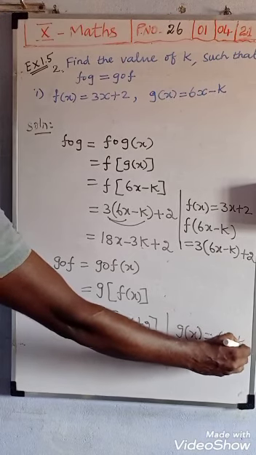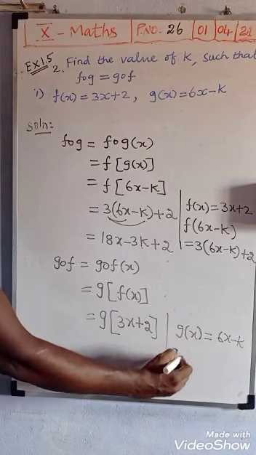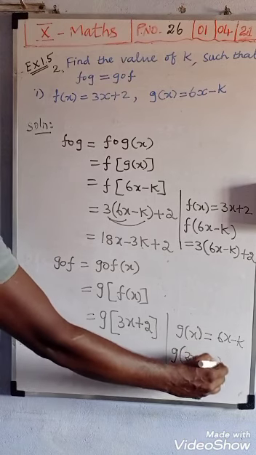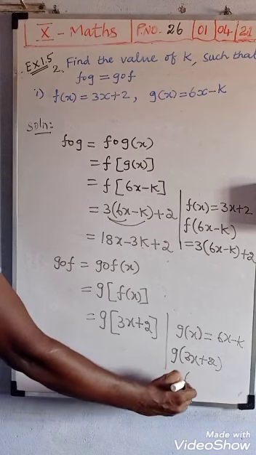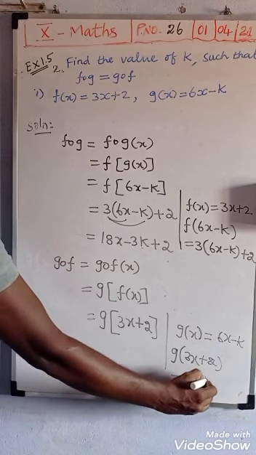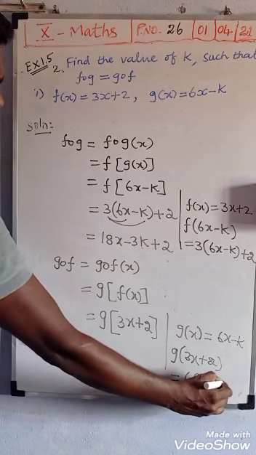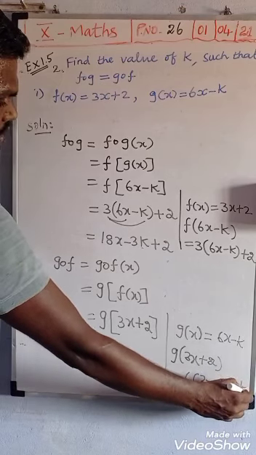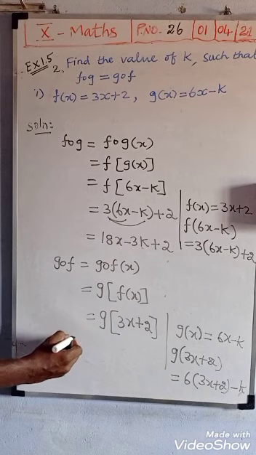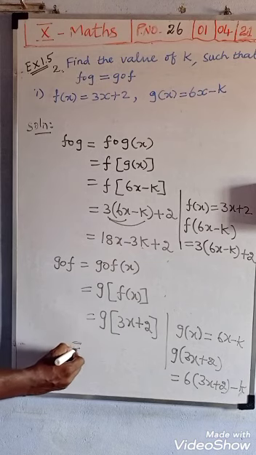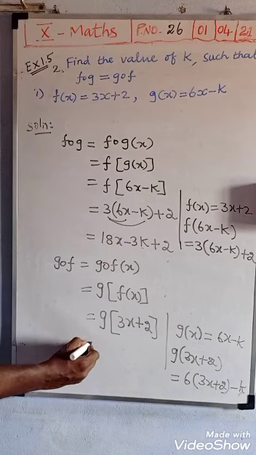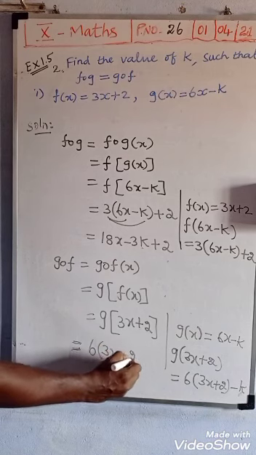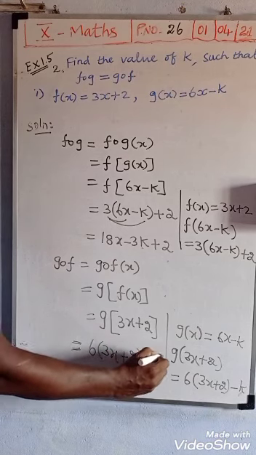So instead of x you substitute 3x plus 2. So you should substitute 6 times (3x plus 2) minus k. That value you should write here: 6 times (3x plus 2) minus k.